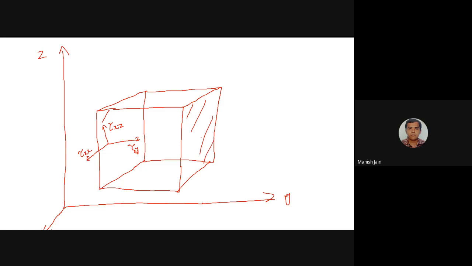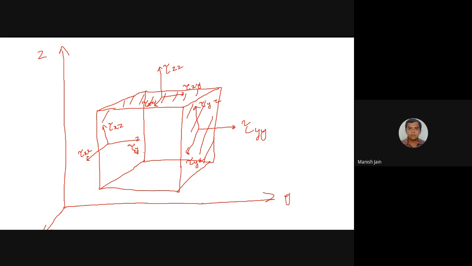Here you have tau yy, then you have tau yz, and here you have tau yx. This is the z-directed surface. Again you have here tau zz, this is tau zy, and this is tau zx.